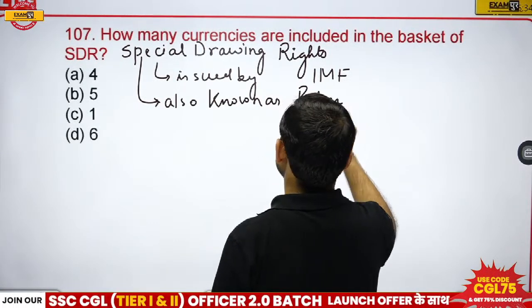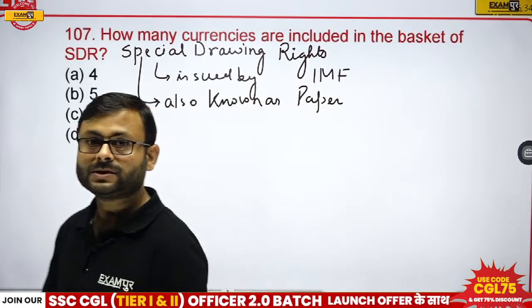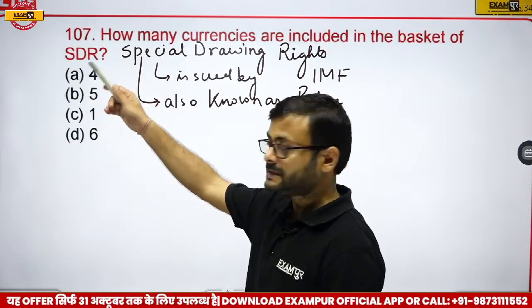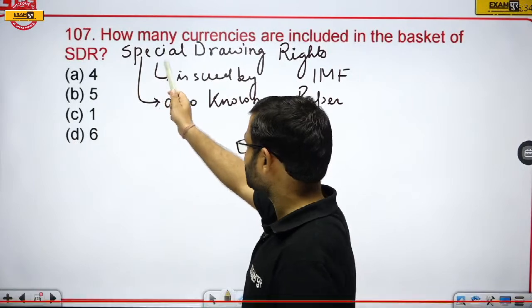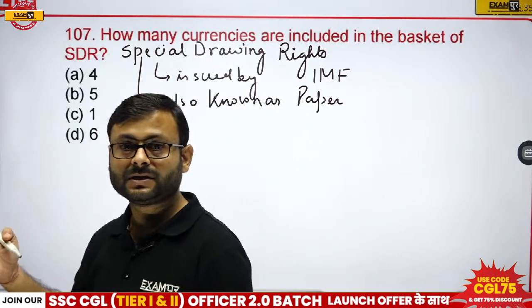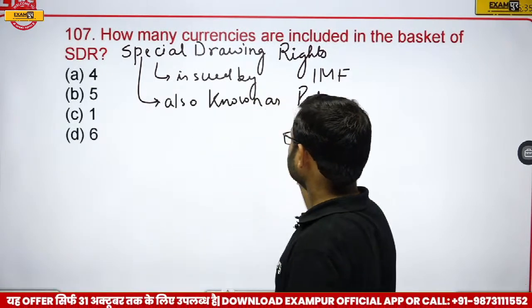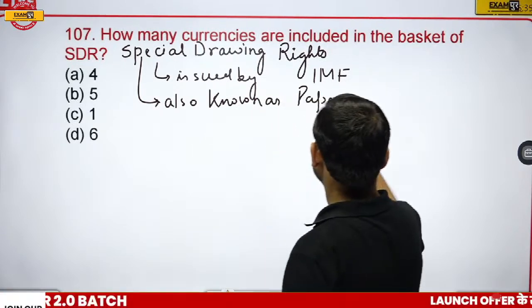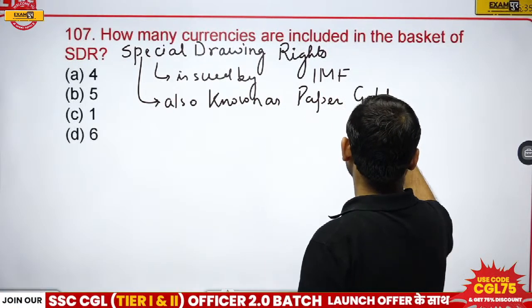So these all are the questions that are asked in the examinations. First one is, what do you understand by SDR? SDR stands for special drawing rights. It is a fictitious currency issued by the IMF, and it is known as the paper gold.